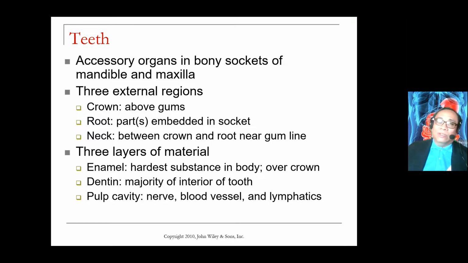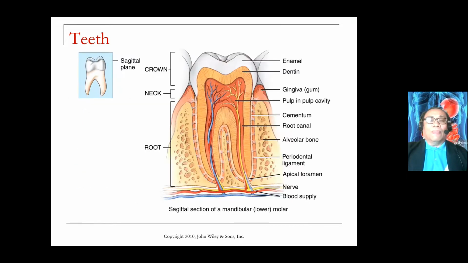There are three external regions, namely the crown, the root and the neck. Meron ba tayong ano dito? Ayan. So this is the crown, the root, and the neck.